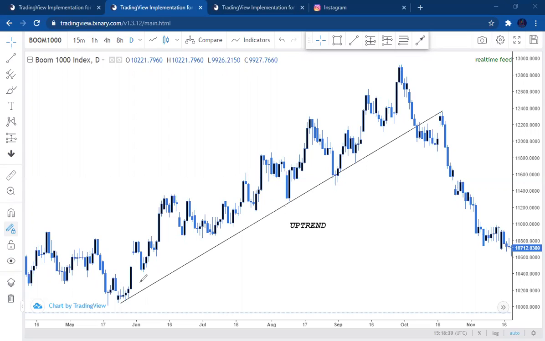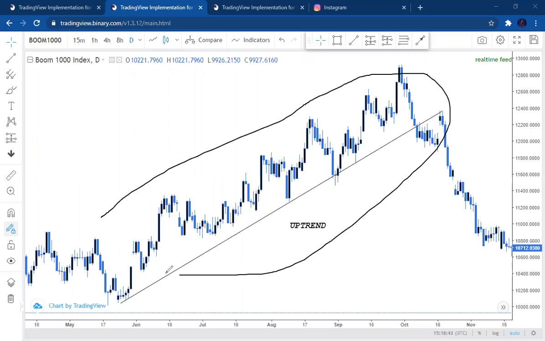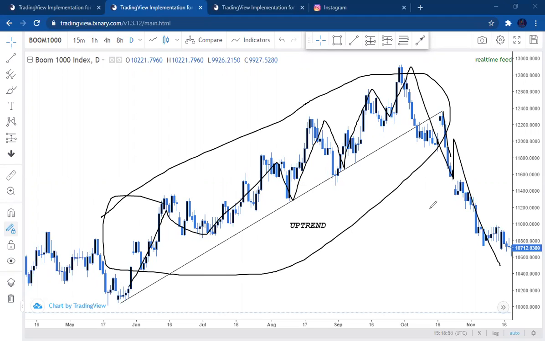That's why most forex tutors will tell you to trade with the trend. The trend should be your friend. The overall trend of this market before it broke this trend line was an uptrend. Then it broke the trend line, retested, and changed direction.